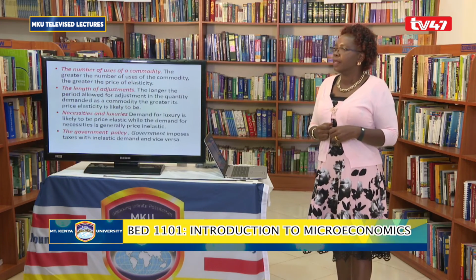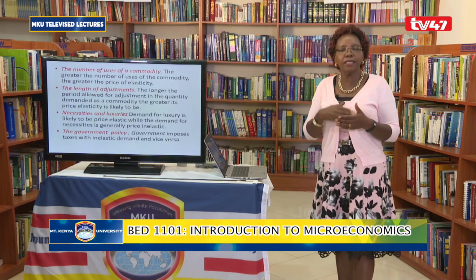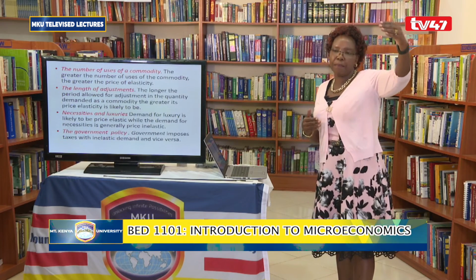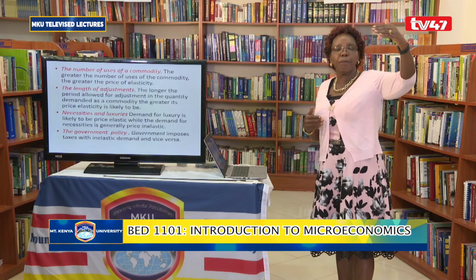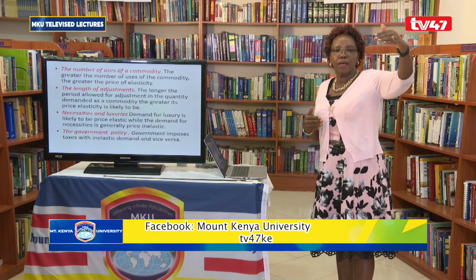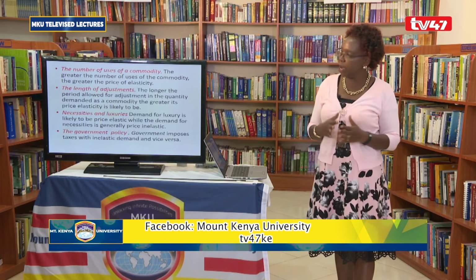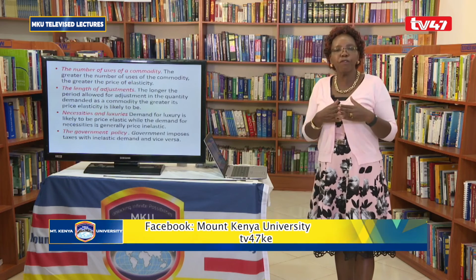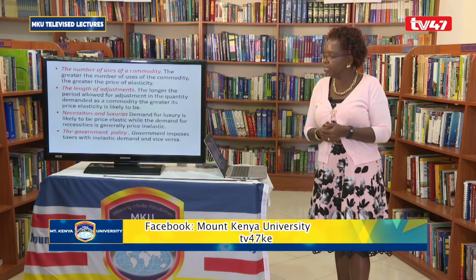Normally, income and demand have a direct relationship. When our income goes up, our disposable income goes up. Our demand will also go up. For one, the curve that is involved will move upwards from the left to the right.